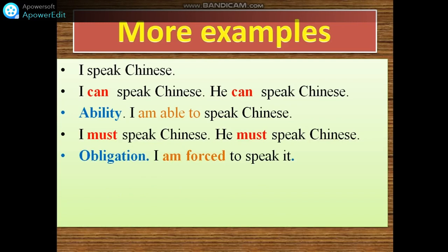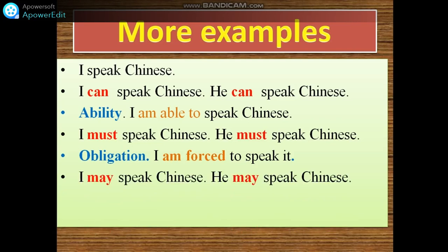Obligation. Good. If I say I may speak Chinese or he may speak Chinese, pay attention here. When you use it with he, there is no S. You can say I can, you can, he can, she can, I must, you must, he must.